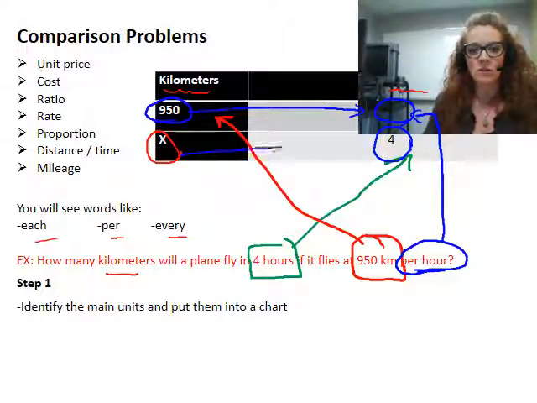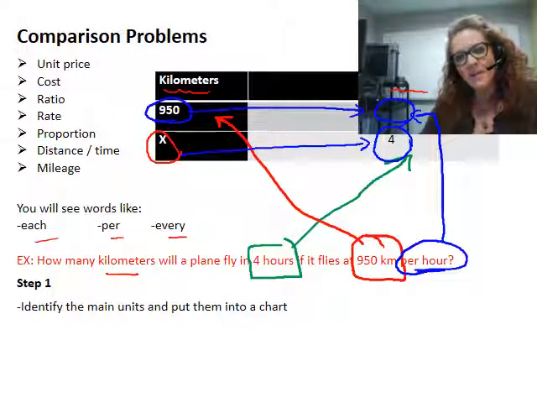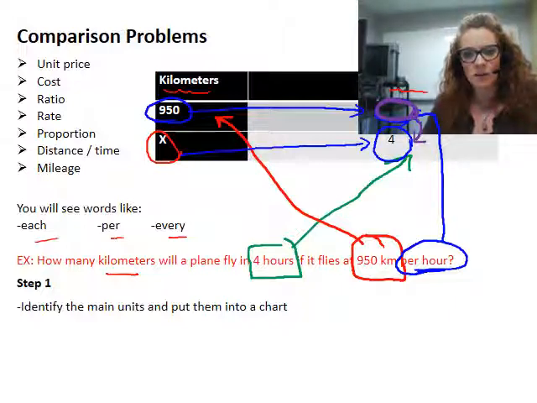And what goes with the 4? Well, let's find out. Sorry, there are lines drawn all over this chart. What did they do to the 1 to turn it into a 4? They obviously multiplied by 4, right? So multiplying by 4 is our magical equation that we're going to use, and that is what I need to do on this side.